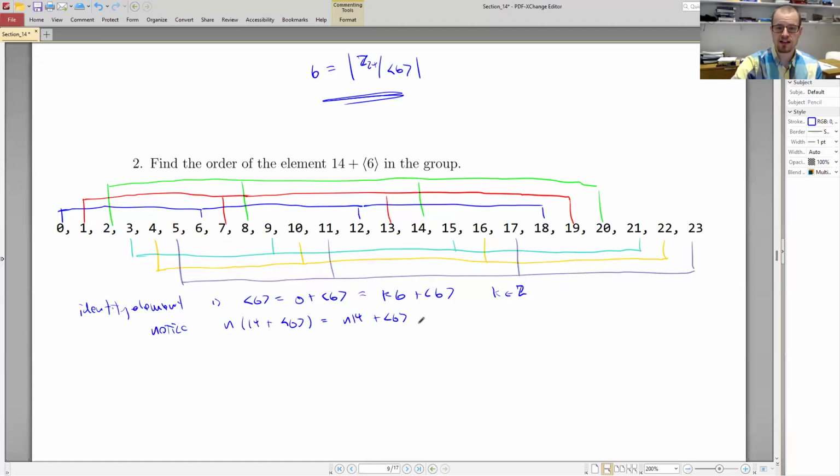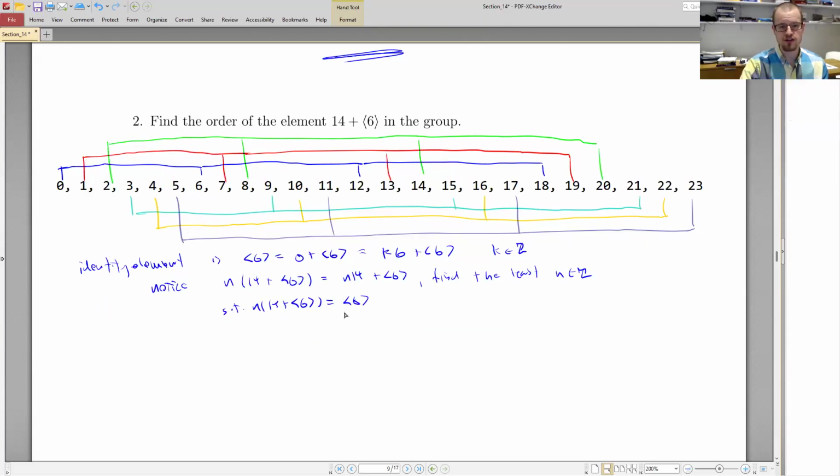And what I want to find is the least n such that n times 14 plus what's generated by 6 is equal to what's generated by 6.